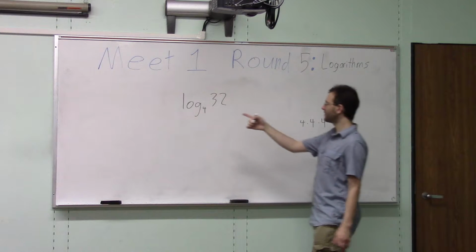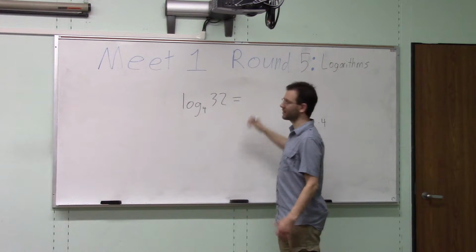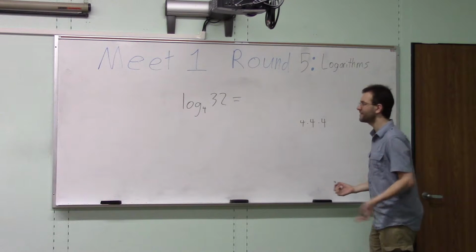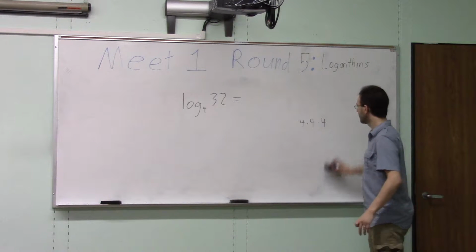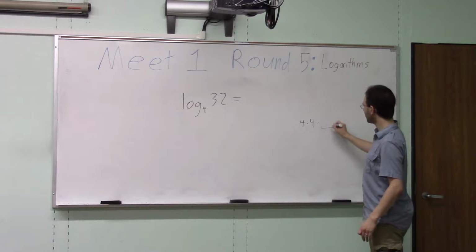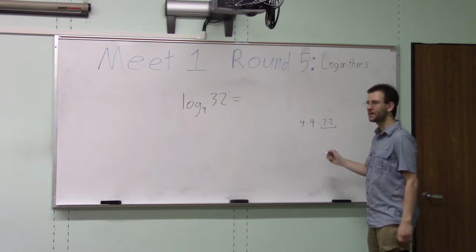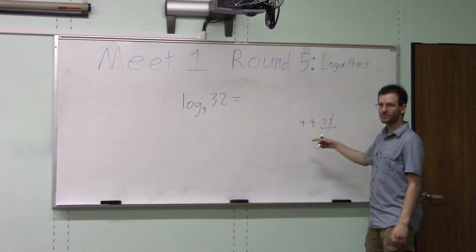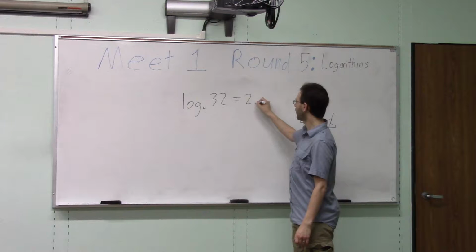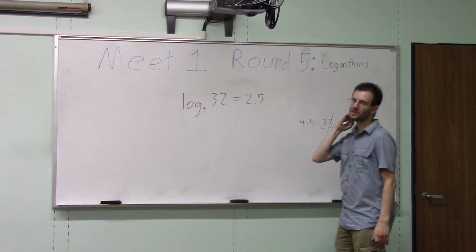So the number of 4's in 32 is somewhere between 2 and 3. Is it exactly 2.5? In this case, yes. Because multiplicatively, if you broke that 4 up into 2 2's and cut just half of that, that's exactly 2.5 4's in the number 32.